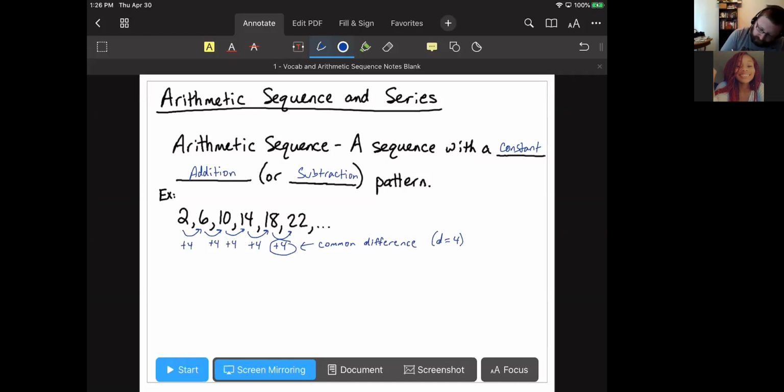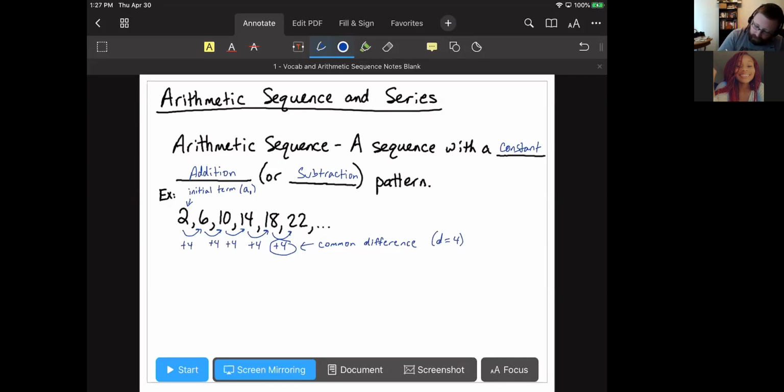The 2 is known as the initial term and is represented with the notation a sub 1, a subscript 1. Okay? Because that's the first term. So it's a sub 1, meaning the first term.